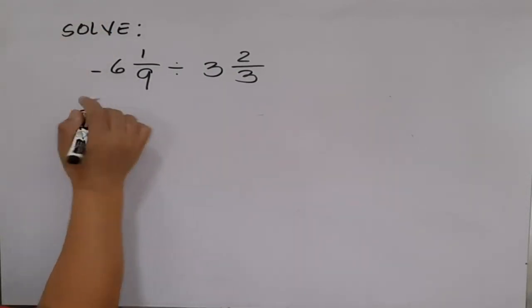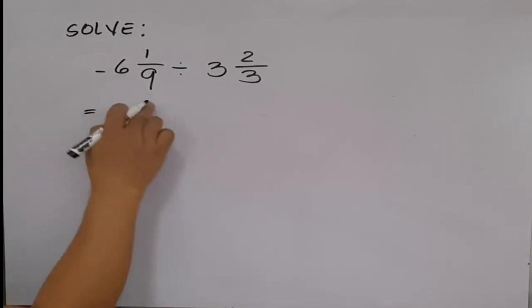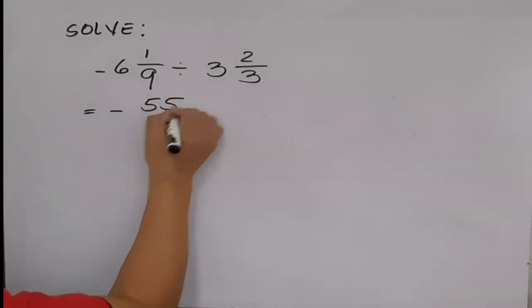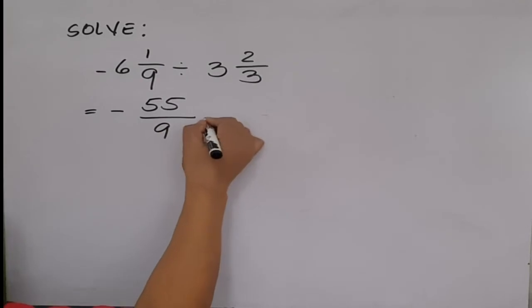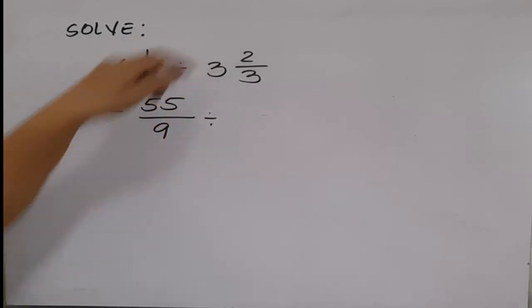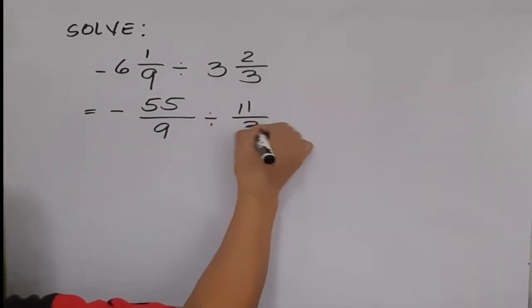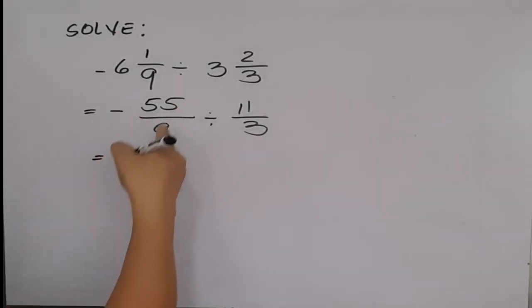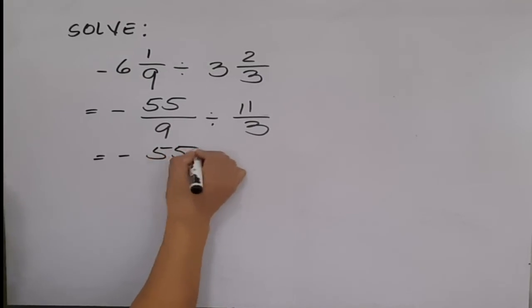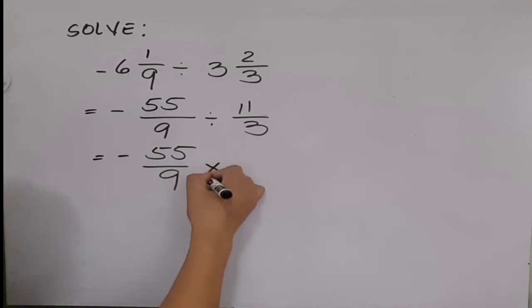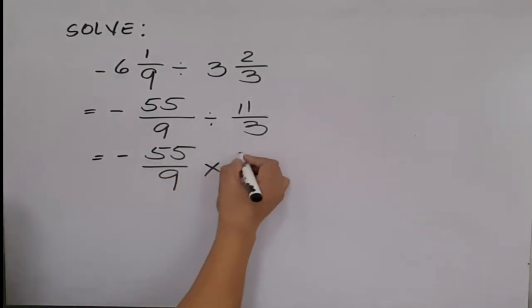So, that will be negative 9 times 6 is 54 plus 1 is 55 over 9 divided by 3 times 3 is 9 plus 2 is 11 over 3. And then let's do your KCF, that is keep 55 over 9. Change your division sign into multiplication sign, and then flip your second fraction.